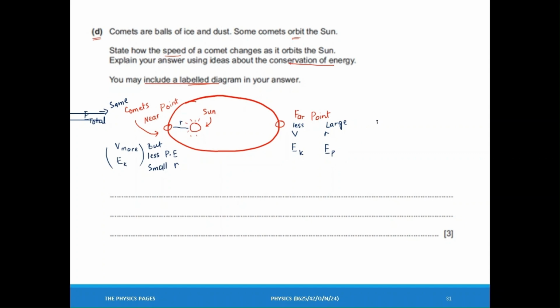But again, total energy will be the same because of the conservation of energy. So we have to remember that this orbit is elliptical, or you can say oval in shape. It cannot be round like a circle. So I would like to mention that the orbit of the comet around the Sun is elliptical.